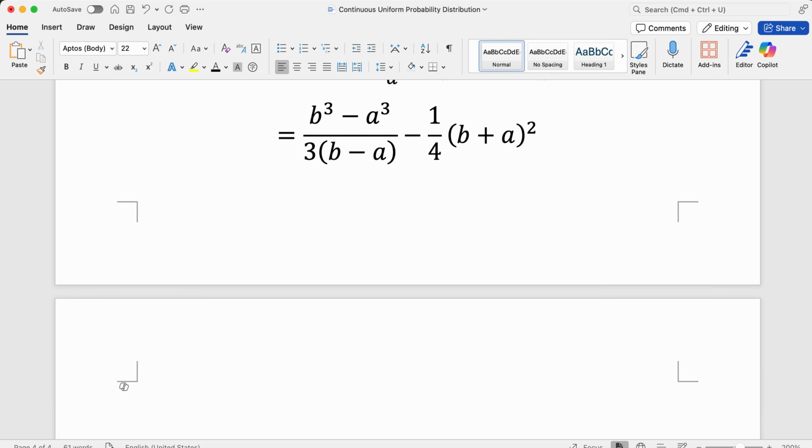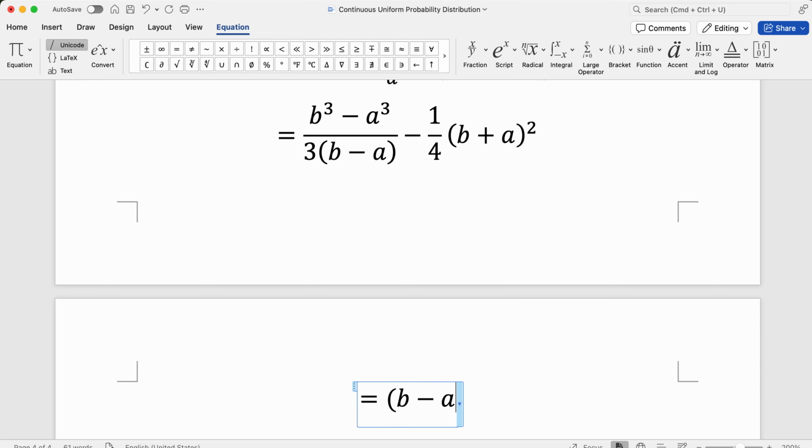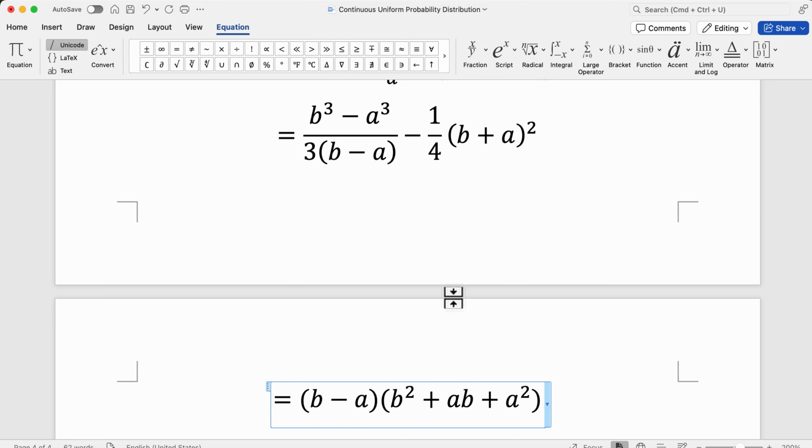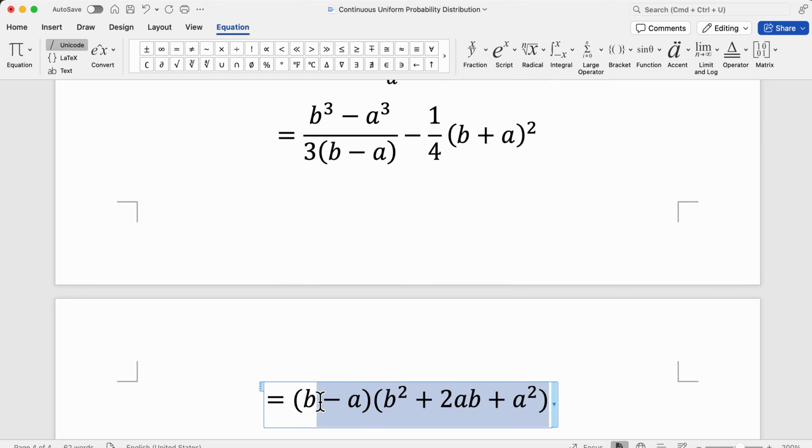So this will be b minus a times b squared plus ab plus a squared. Is it a 2ab, or is there an a over there as well?